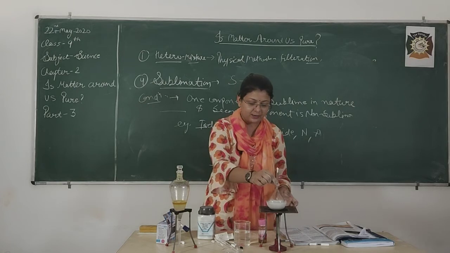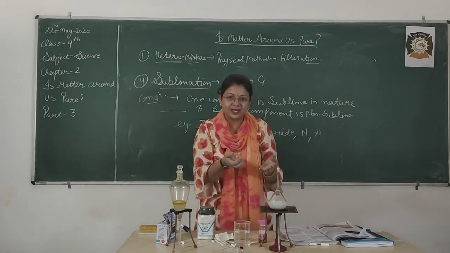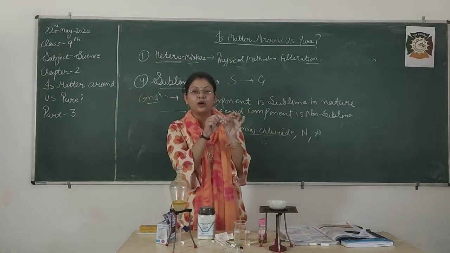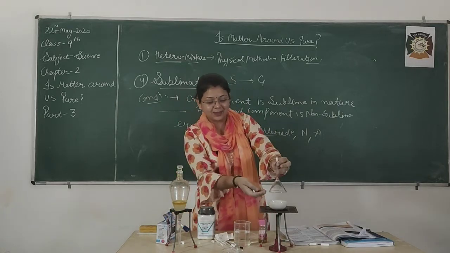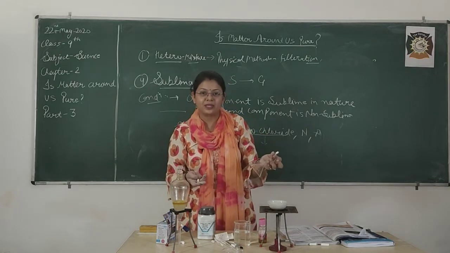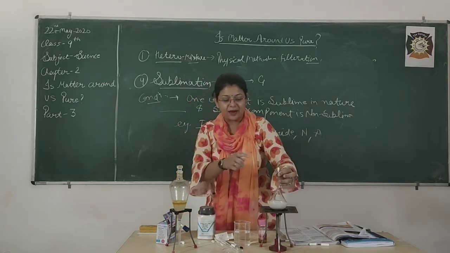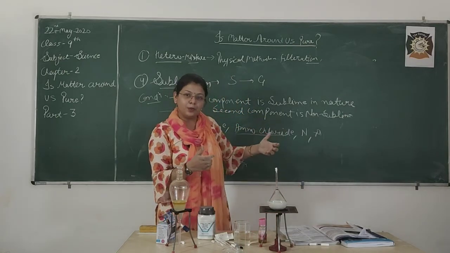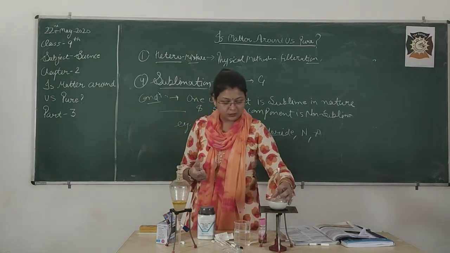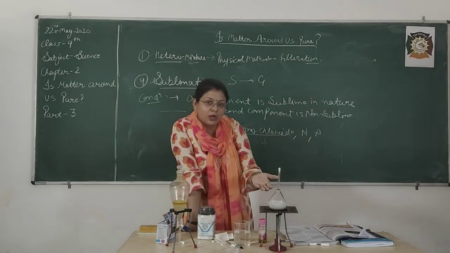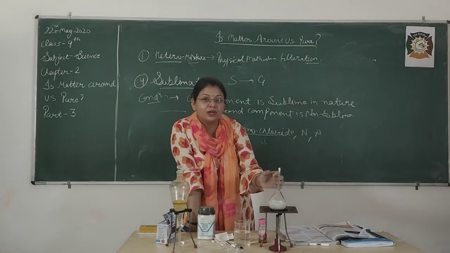Heating is there, that means temperature is going to increase, and the lower part of the funnel, we have to cover, otherwise the sublime material will go away into the atmosphere. Getting my point, beta? You have to cover this so that no vapor or fumes of the sublime component go into the atmosphere. This is the whole setup. When heating is going on, ammonium chloride converts into what?